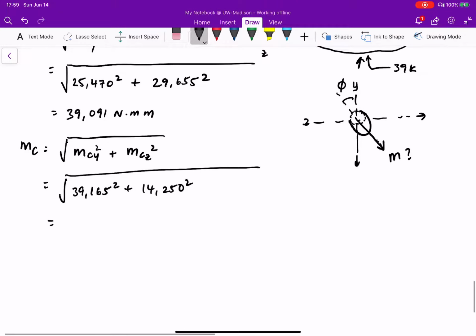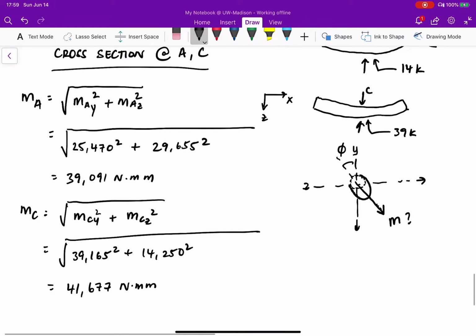That gives me 41,677 Newton millimeters. So from these two values, we can assume that the maximum bending moment is at C. So critical at C.